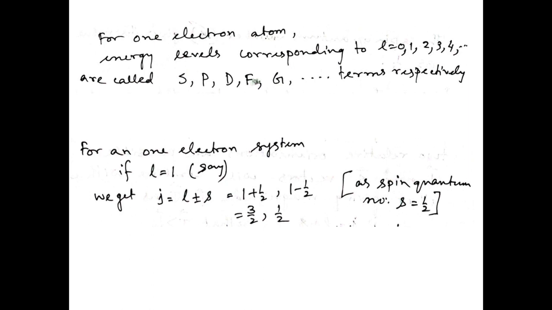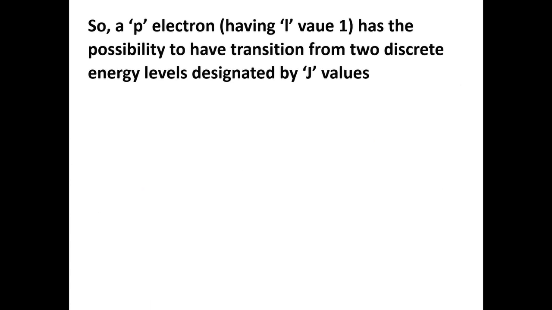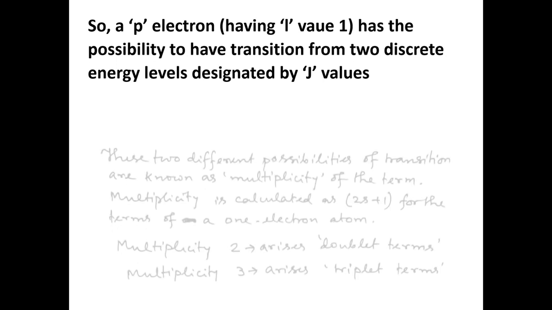So for the p electron having L value equal to 1, the possibility of the transition, because we are going to discriminate between several electrons with the same p value, same L value, but how they can be designated by several specific identities. Here is one answer. So that p electron can have two distinct identities having its energy value as J 3 by 2 and J half.